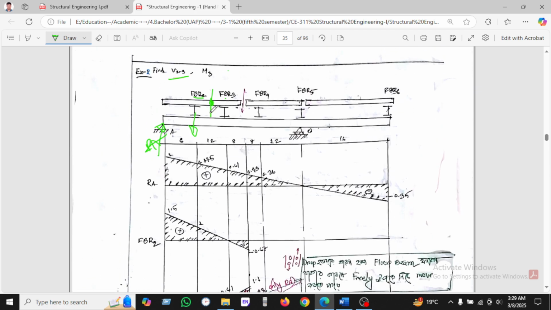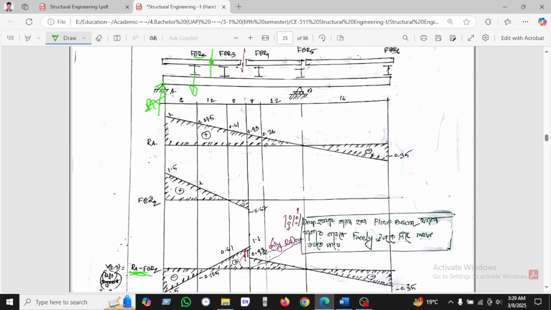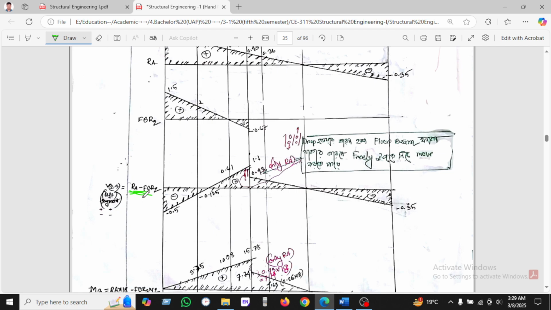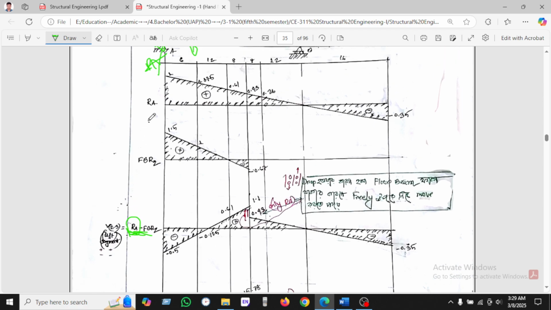So now that we get the equation RA minus floor beam 2, we have to firstly draw the RA. So at first I am drawing the RA, and I'm just changing color. But at first you have to find out the equation. So what will be the equation? This is the equation.